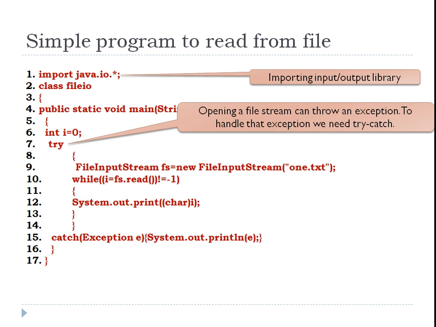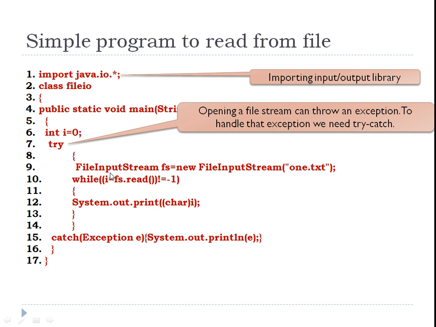Now the second thing, we have written a try block. We have enclosed this operation in the try block. The reason is that when we perform any operation on a file, it might be possible that the file doesn't exist. In that case, some exceptions are thrown, and we have to handle those exceptions. So this try catch is for exception handling.